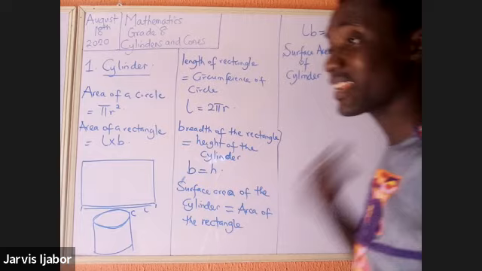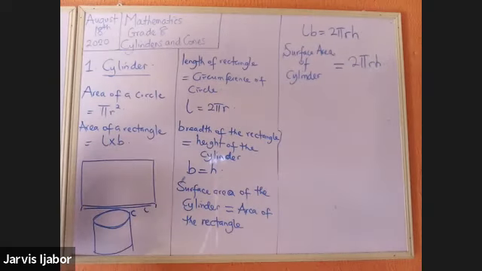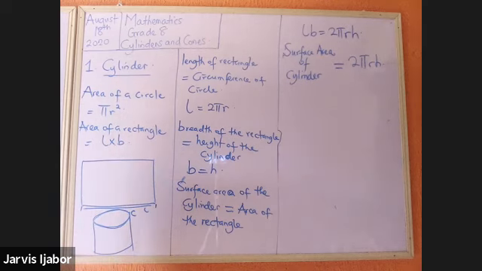So that's how that formula came about. The surface area of a cylinder is the circumference of the base of the cylinder times the height of the cylinder. So that's it for the surface area of a cylinder.